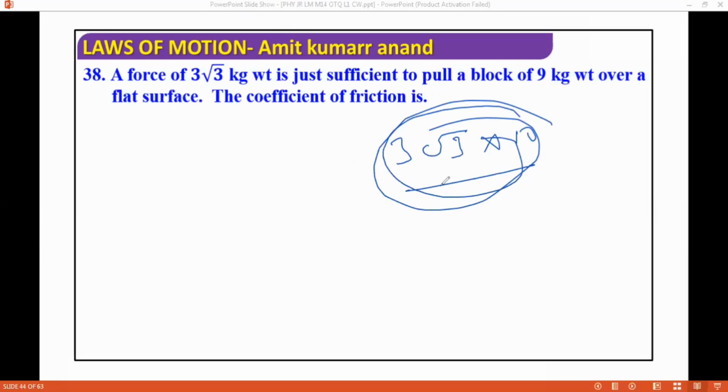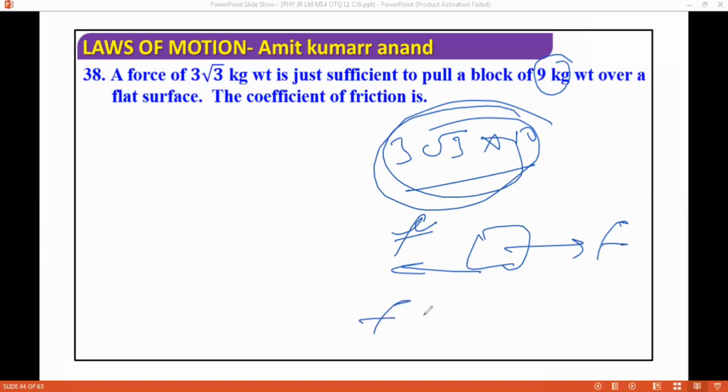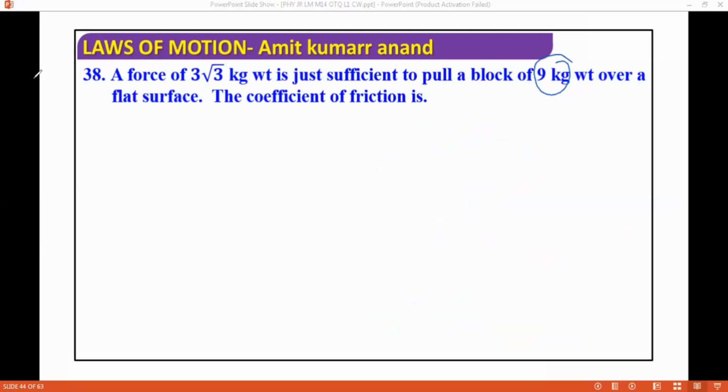The coefficient of friction is? When you are given force in kg weight, you multiply by 10 simply. Here we apply some force on the block, and friction acts on the other side. So F minus small f friction is equal to mass into acceleration. Just use this concept and you can solve these questions easily.